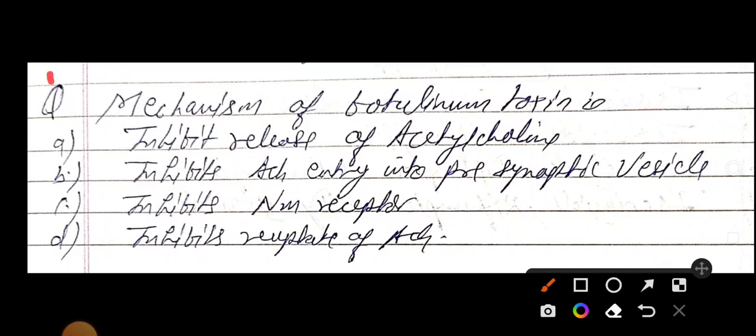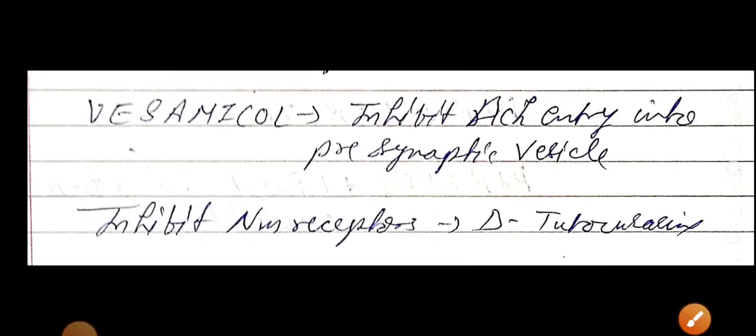The answer here is inhibit release of acetylcholine. This mainly inhibits the release of acetylcholine. Which one inhibits NM receptors? Vesamicol inhibits ACh entry into presynaptic vesicles, and the NM receptor inhibitor is d-tubocurarine.